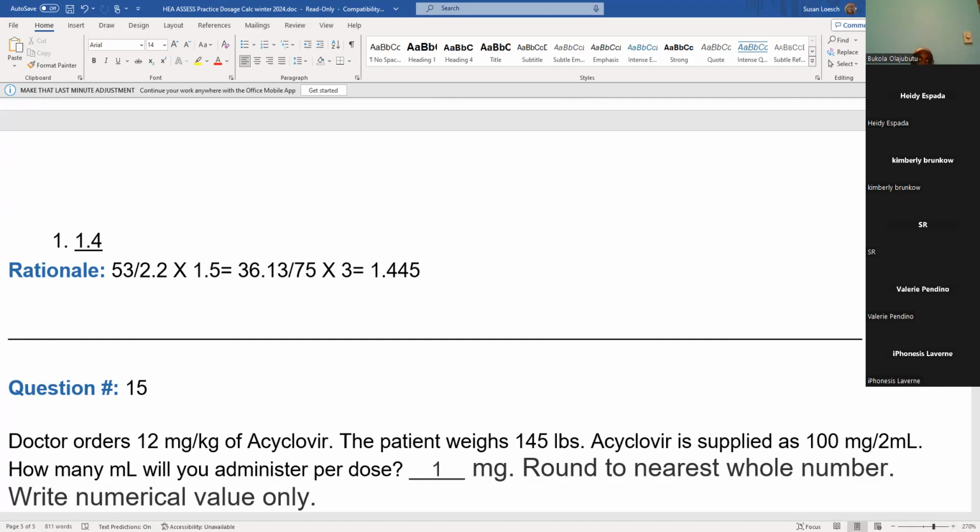Okay, let's see how you do on some basic questions. Let me know when you can see the screen. It's still on the old screen.